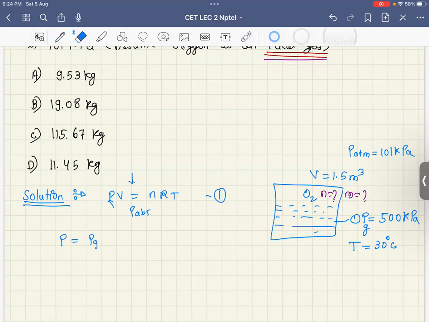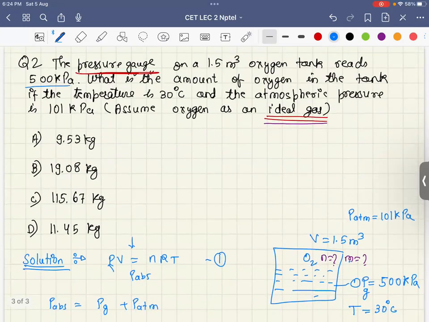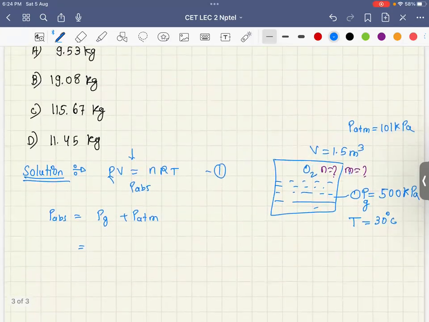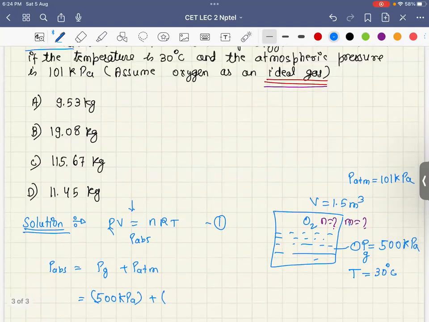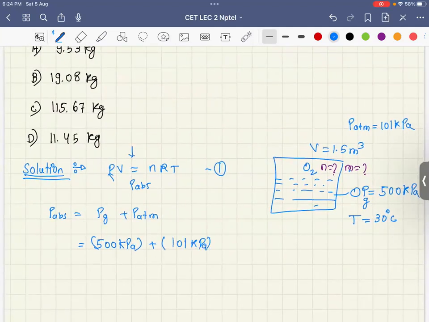P absolute is nothing but P gauge plus P atmosphere, right? What is the gauge pressure we are given? We are given 500 kPa, plus 101 kPa, which amounts to P absolute as 601 kPa, right?